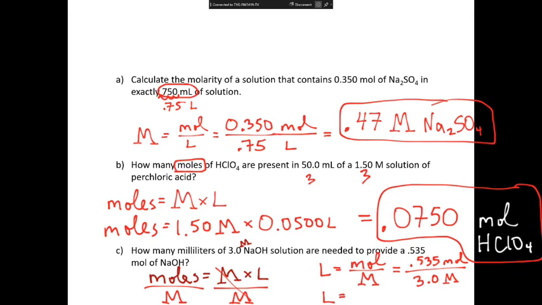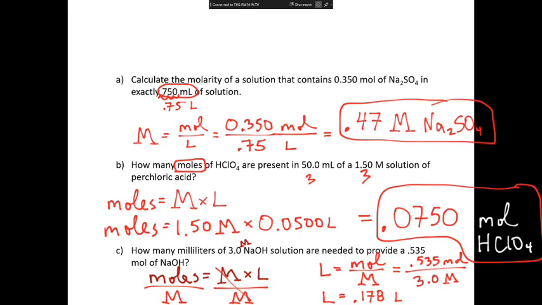Looks like I need 0.178. I'll round my final answer, but 0.178 liters of the solution is what I need. And then down here, you could just move the decimal 3 places if you want to do that. You can multiply times 1,000, but we need to get this back into milliliters. So the volume underneath that times 1,000, or move that decimal 3 places.